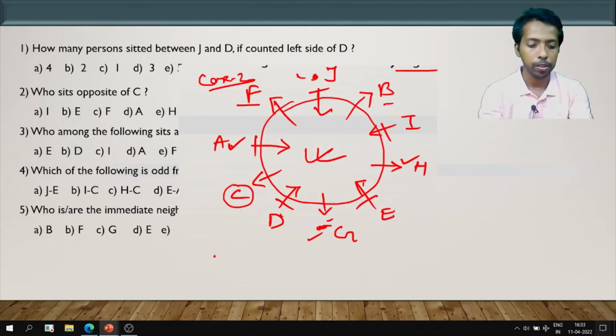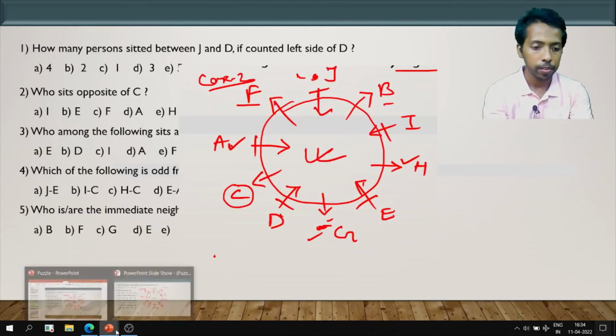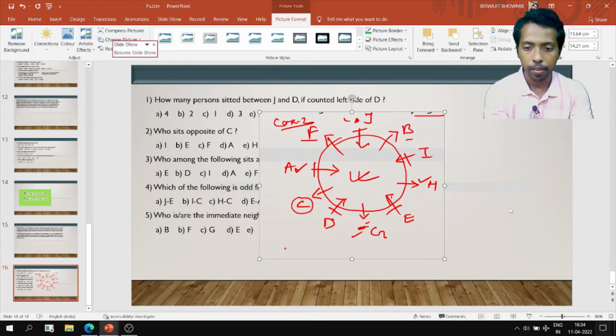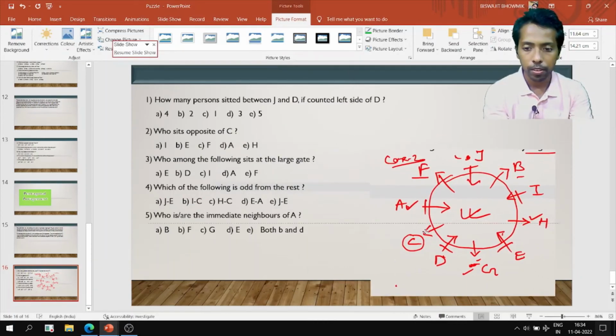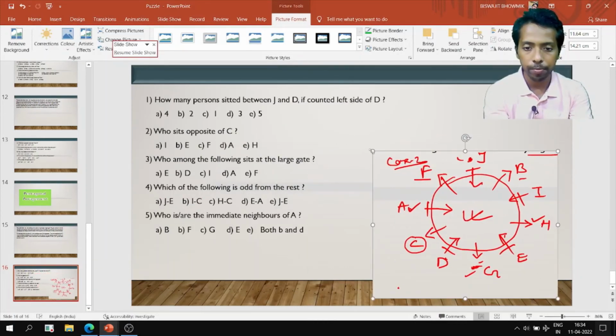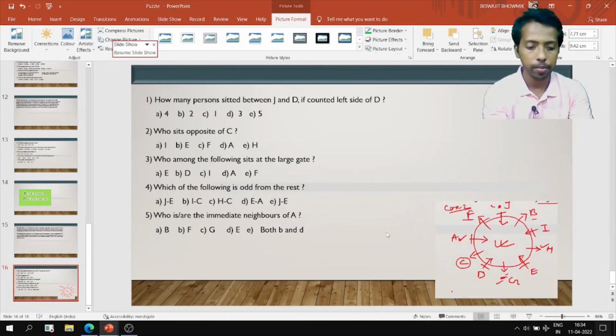Just shift it a little bit. Right, fine.